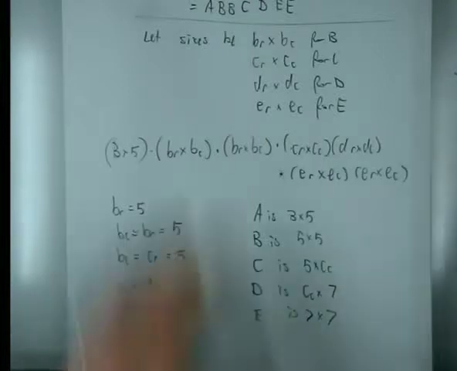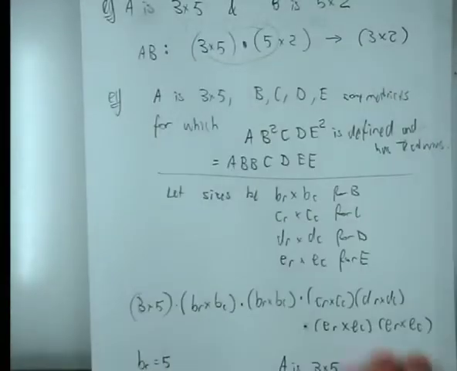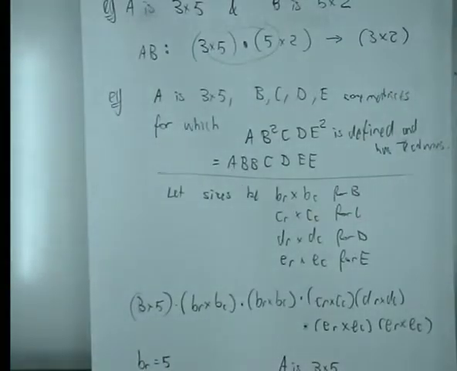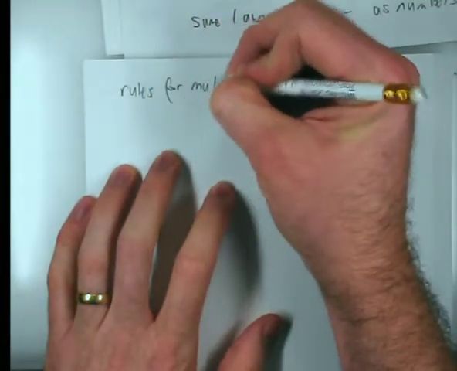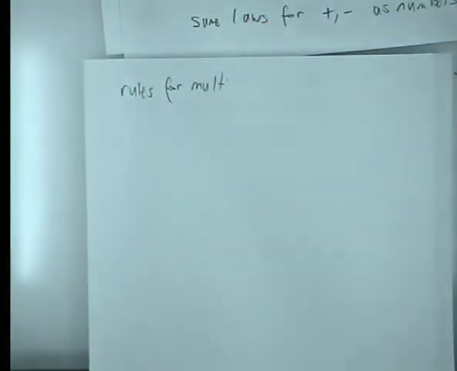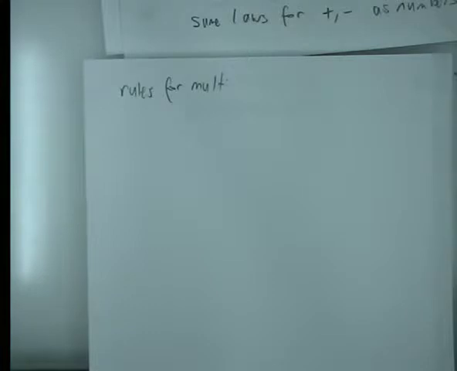Okay, now, multiplication, we need to know what rules it follows. So rules. Okay, so it's the same as all the rules for ordinary numbers except for the glaring issue of that AB is not necessarily the same as BA.